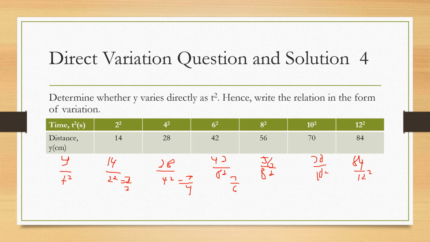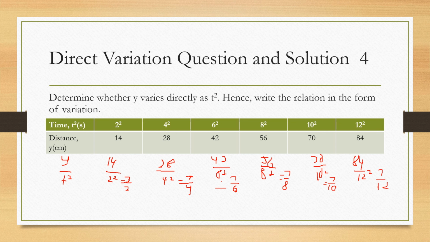I'm using my calculator right now, so make sure you use a calculator. 70 divided by 10 power 2 is 7 over 10. 84 divided by 12 power 2 is 7 over 12.